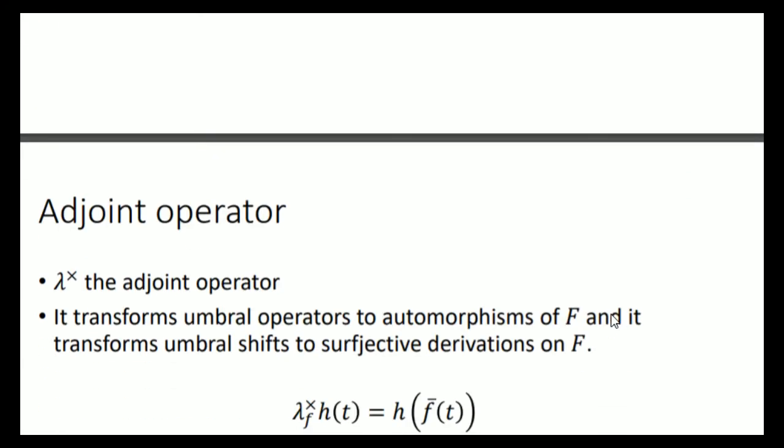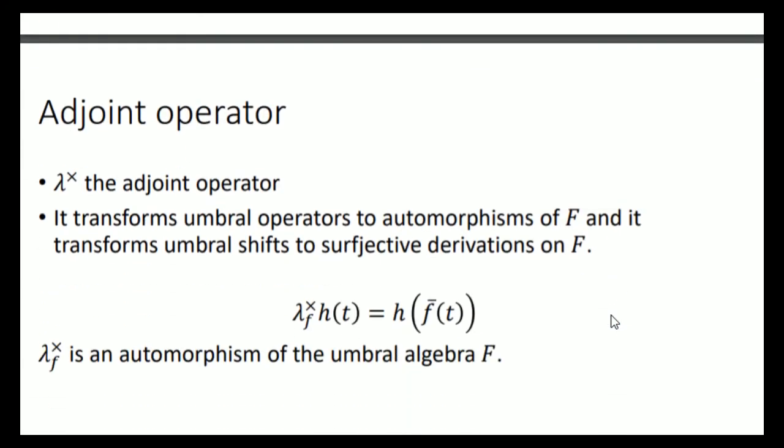So now we're going to talk about the adjoint operator. If you've done a bit of linear algebra, quantum physics, things like that, you might have heard of this operator. It transforms Umbral operators to automorphisms of f, and it transforms Umbral shifts to surjective derivations on f.